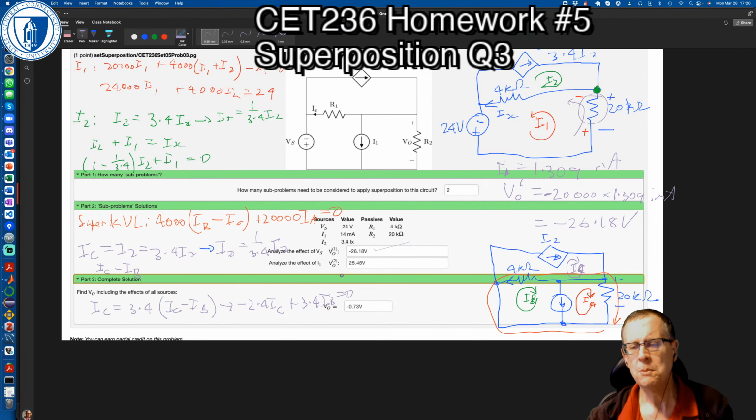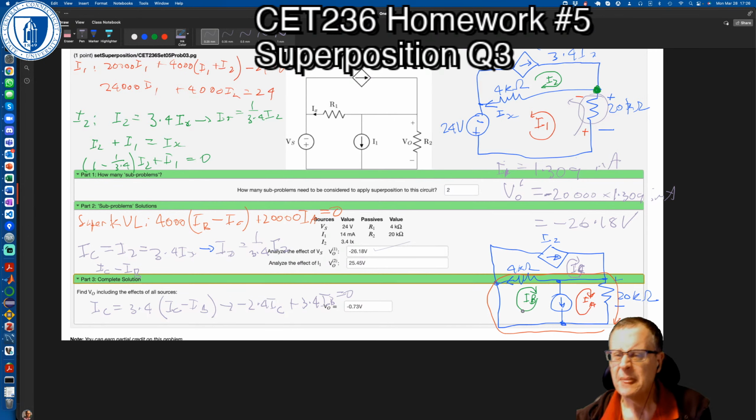There's another equation. And then we need 3, because we've got 3 unknowns, so we need 3 equations.